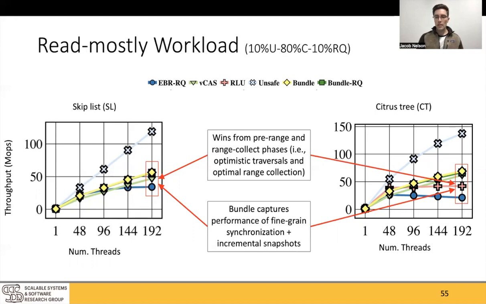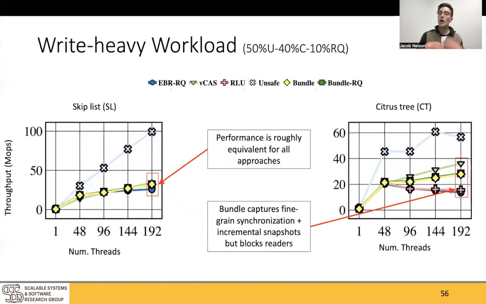I will point out that at this point, we start to see a little bit better performance of VCAS compared to our technique. This is primarily because we are blocking our readers whenever a pending entry is inserted, which becomes even more obvious when we look at a write-heavy workload. In this case, for the skip list, performance is roughly equivalent across the board, but for the citrus tree, we start to see a little bit of disparity between them.